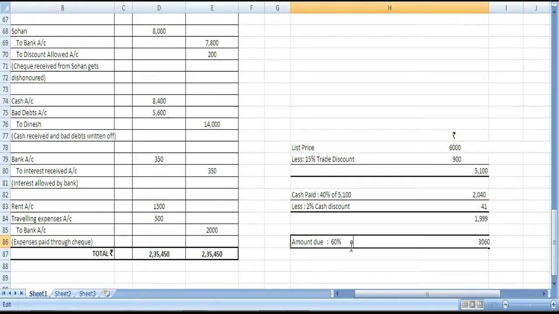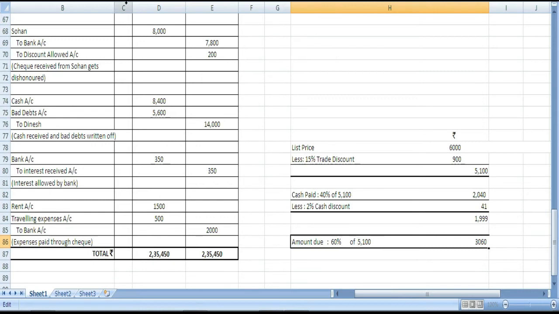And the remaining amount, that is 60% of 5,100, will be rupees 3,060, which we have still not paid.